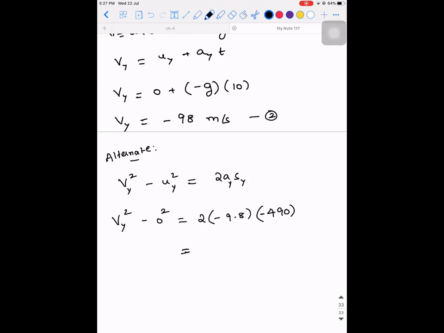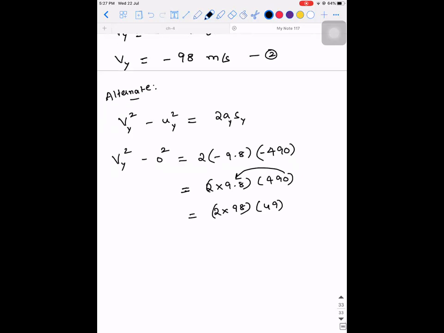So it will be 2 into 9.8 into 490. I'll write it as 2 into 98 into 49. So this is 196 into 49. Don't be in a hurry to multiply. So Vy square is this one, and Vy will be equal to plus or minus square root of 196 into 49.